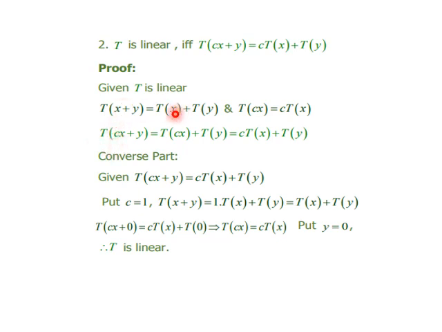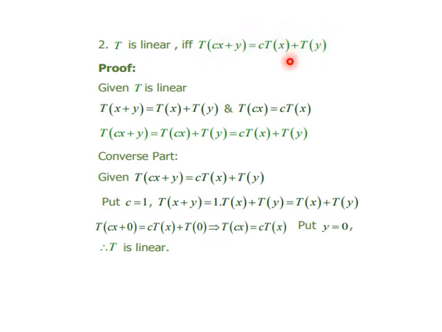I am applying the first condition. It is T of the first plus T of the second, so T(cx) plus T(y). Now T(cx) is c times Tx, and this Ty I am writing as it is. So when I assume that it is a linear function, I am able to get this result, the if part.